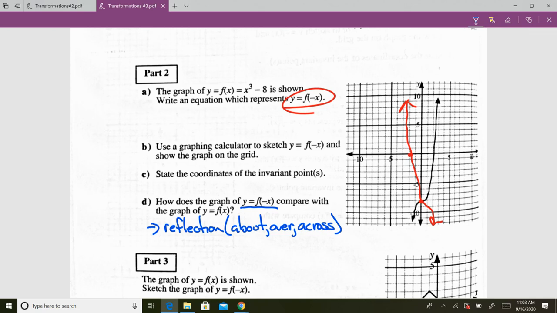What axis are we going across? The y-axis. The y-axis, i.e. x values become negative. And if they're already negative, then they become positive. You just put a negative in front of whatever the x value is, and that's your new point.